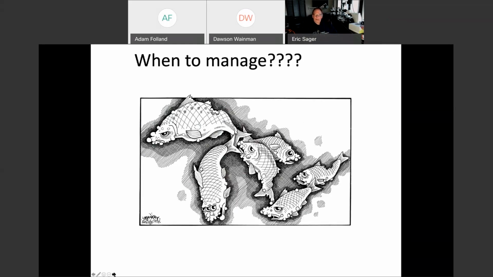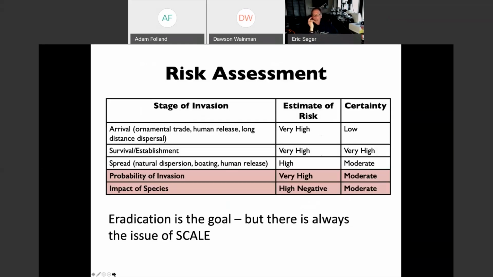So for plants, we tend to carry out these risk assessments, and we do this for other species. This is the one that we completed for water soldier. If the risk assessment deems the estimate of risk to be very high and the impact to be highly negative, and you have this sort of degree of certainty, well, then that invokes the next step, which would be some sort of management.